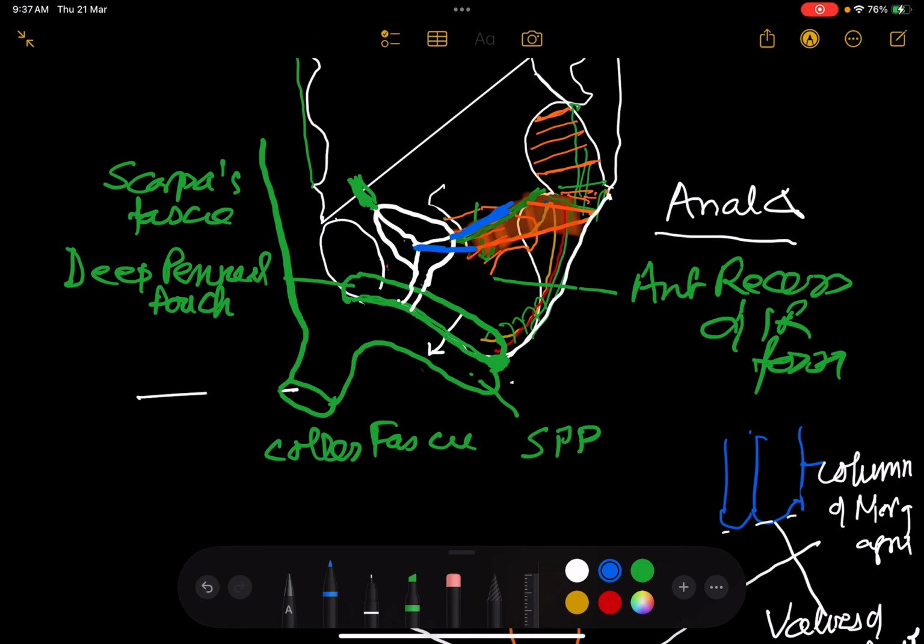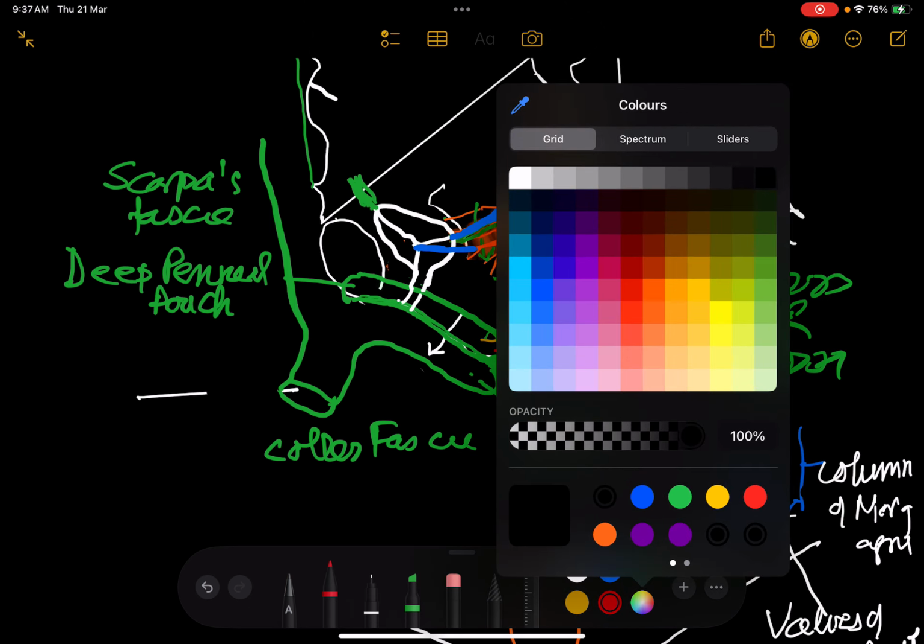Now, coming from the anterior abdominal wall, we'll make it a different color.